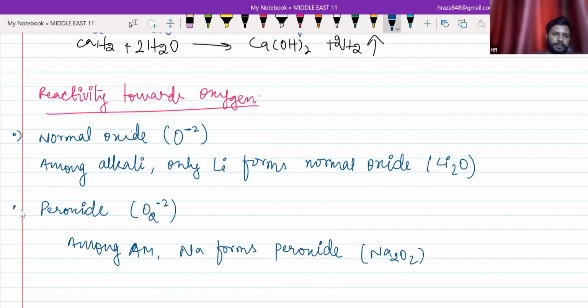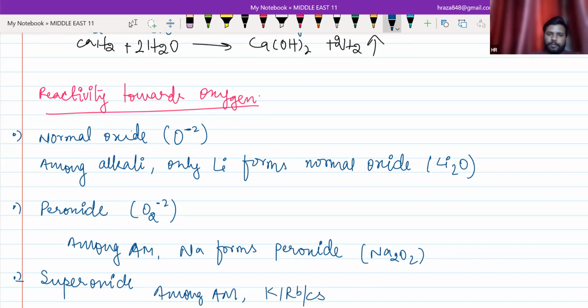And the third is basically superoxide. Among alkali metals, potassium, rubidium, and cesium form superoxide, that is MO2.